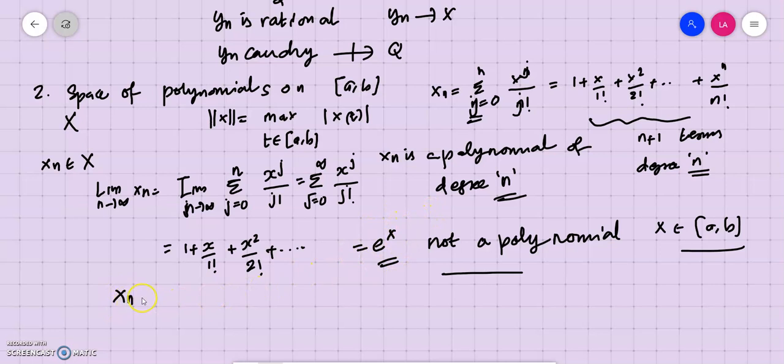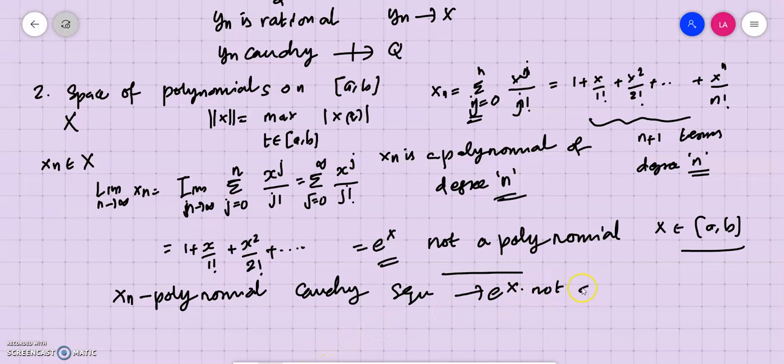So we have taken a polynomial Cauchy sequence which converges to e raised to x. But this is not a polynomial, which implies this is not an element of capital X. So we have a polynomial sequence which is Cauchy but does not converge in capital X. So the space of all polynomials on the closed interval [a, b] is also not complete.